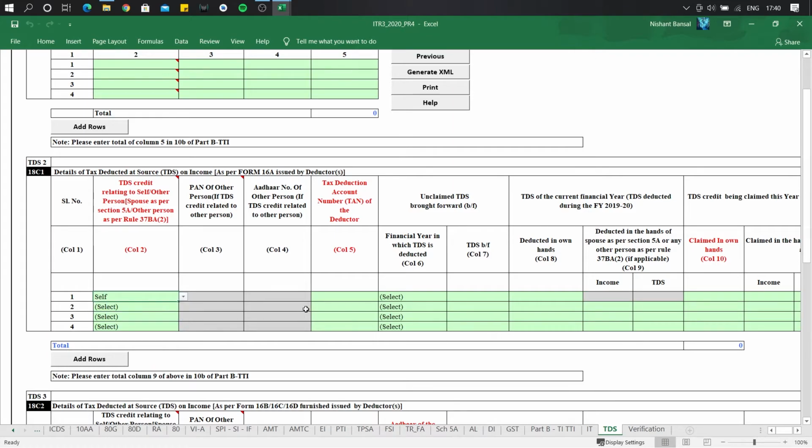So TAN of the deductor: DELS12345E. Then claimed in own hands: 4,80,000.